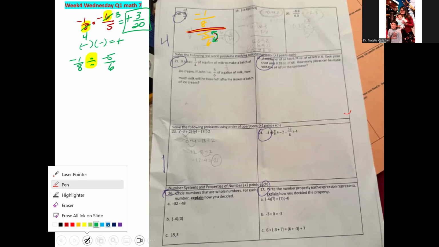You didn't get it. Negative 1/8 divided by negative 5/6. What do you do with this division sign? You change it to a multiplication. When you do that, what happened to this? You flip it.